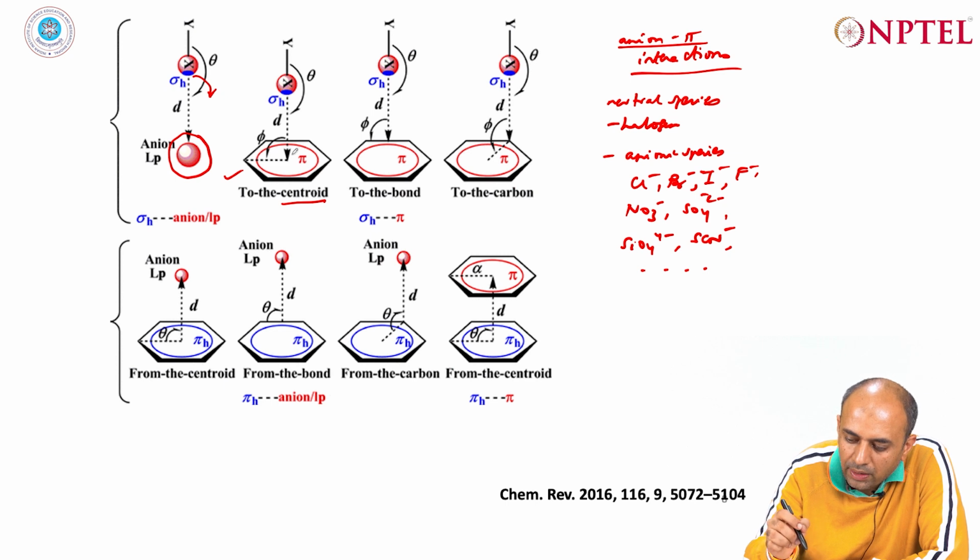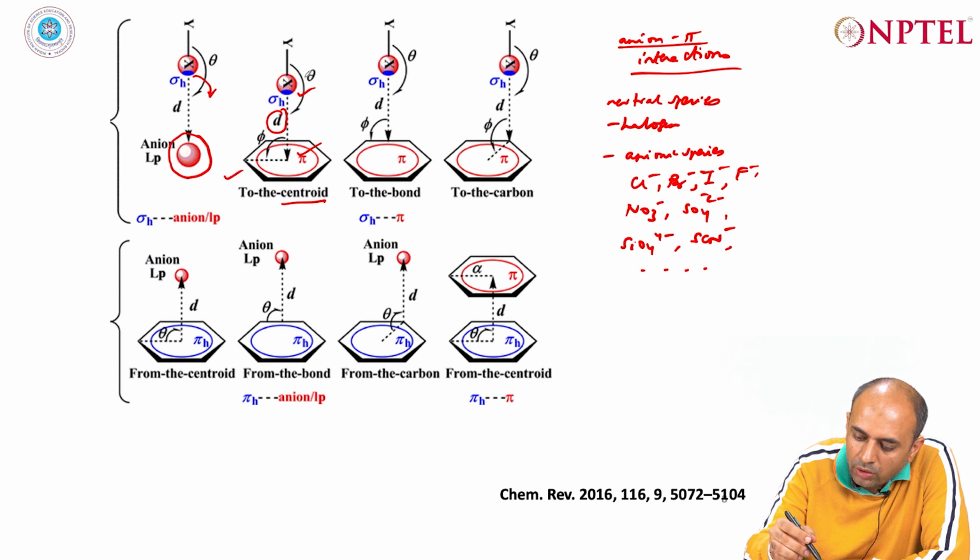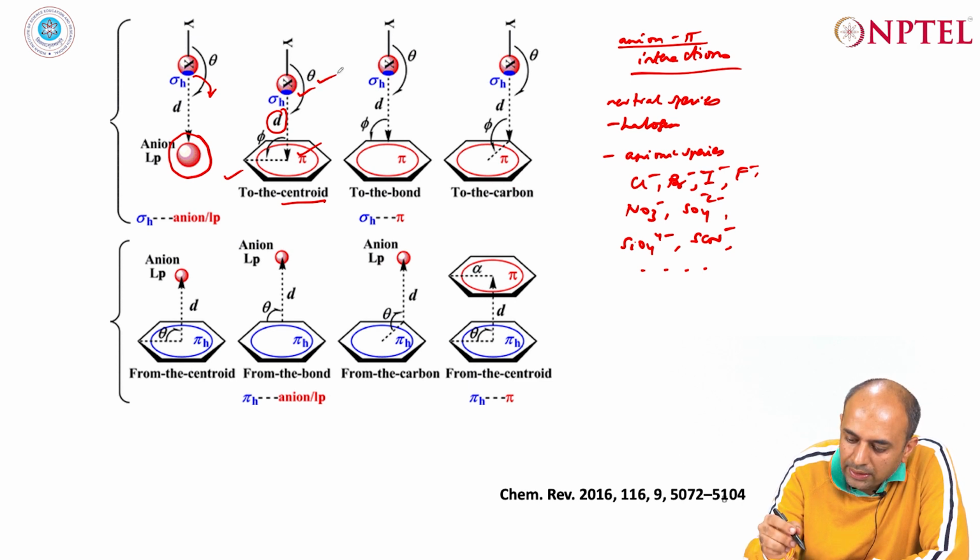and there is an interaction between the sigma hole and the electron density of the pi system. The separation between the halogen atom X and the centroid is represented by small d, the directionality of this halogen bond is represented as theta, and phi is the angle between the line drawn from the halogen to the centroid and the line drawn from the centroid to the edge of the ring.